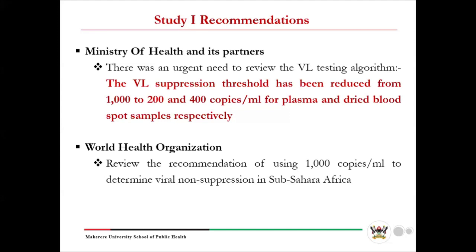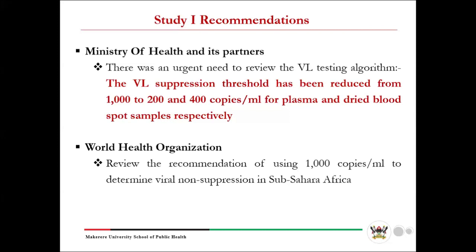And of course, this recommendation goes to the World Health Organization, which I know is also attending this session. There is need for us to review the recommendation of using 1,000 copies per mil to determine viral non-suppression in the sub-Saharan African region. Of course, we know there are a lot of other factors that have to be put into consideration, like the cost, the public health perspective, among others.